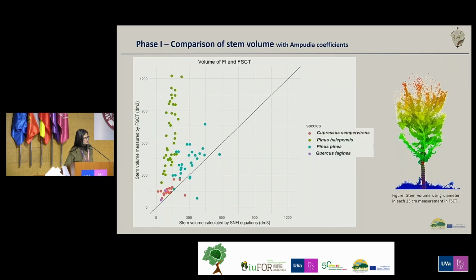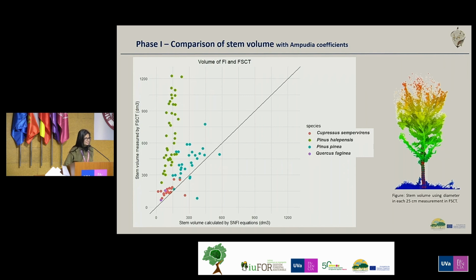During the first phase of this research study, I wanted to compare the stem volume. So I compared the stem volume calculated using Spanish National Forest Inventory equations with the volume we measured by FSCT. There was a clear deviation with halepensis.